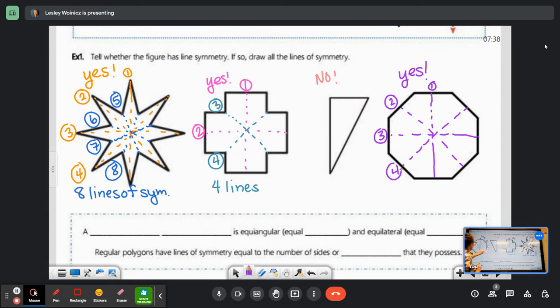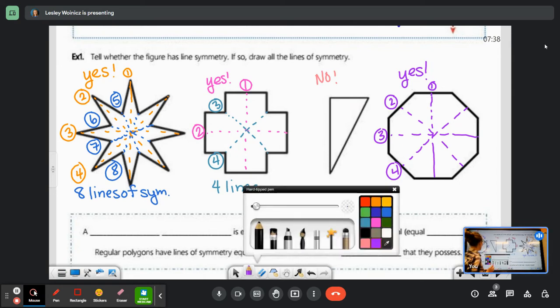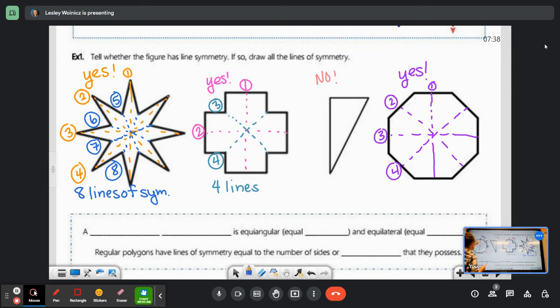4. Okay, now you can see that I've done all of the lines to the middle of my sides. Now, if I want more, I have to go to my vertices, which are the corners where my sides intersect. So here's my 5th one, and my 6th.